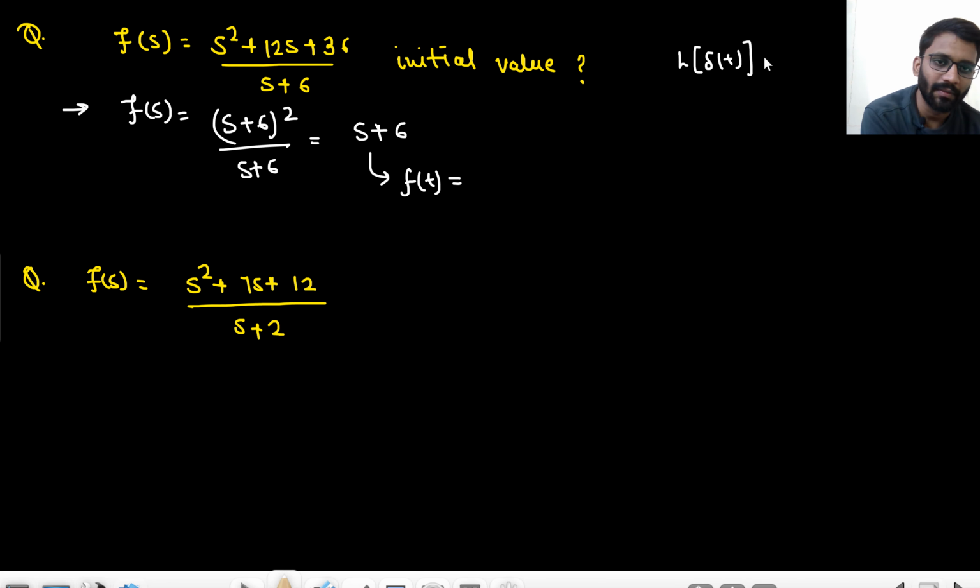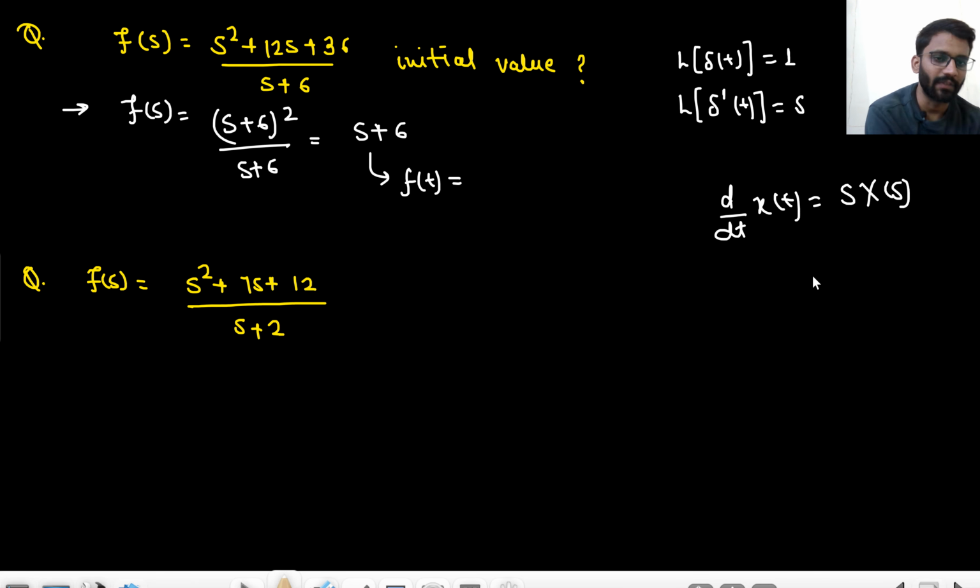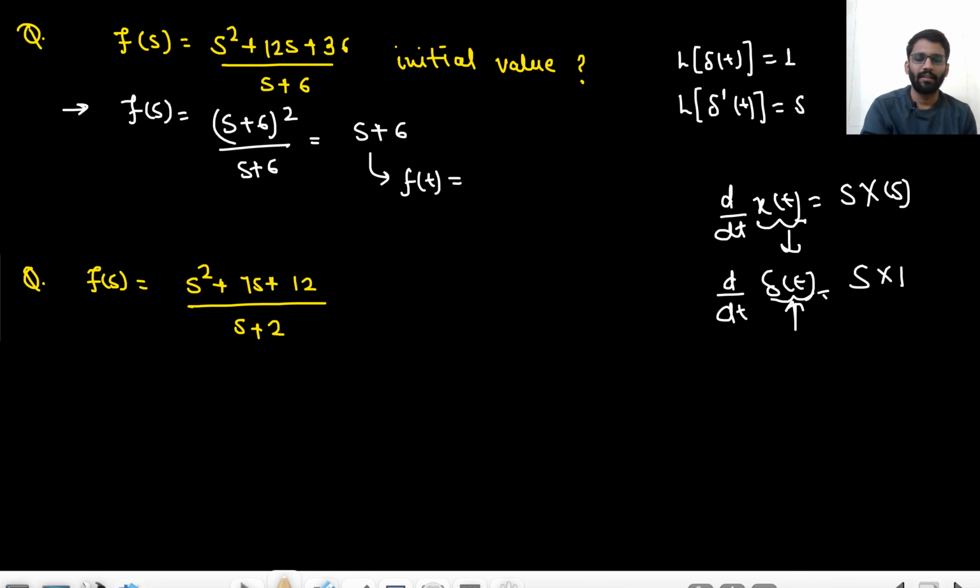That is 1. Laplace transform of differentiation of delta t would be s into 1, that means s. Whenever I am differentiating in time domain, what do I get? s into X of s. So if this is 1, then d by dt of delta t gives s into 1, right?